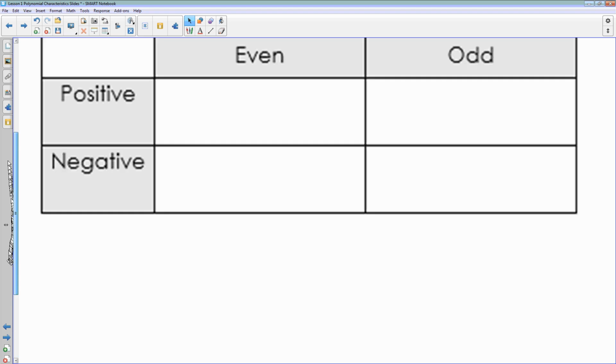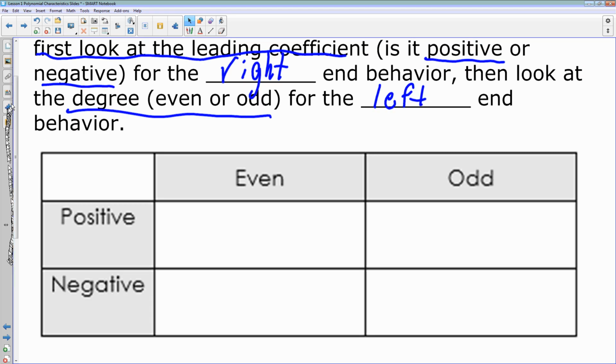All right, so there's this little handy chart here. If your leading coefficient is positive, and your degree is even, that tells you two things. So first of all, if it's positive, on the right you're going to be going up.